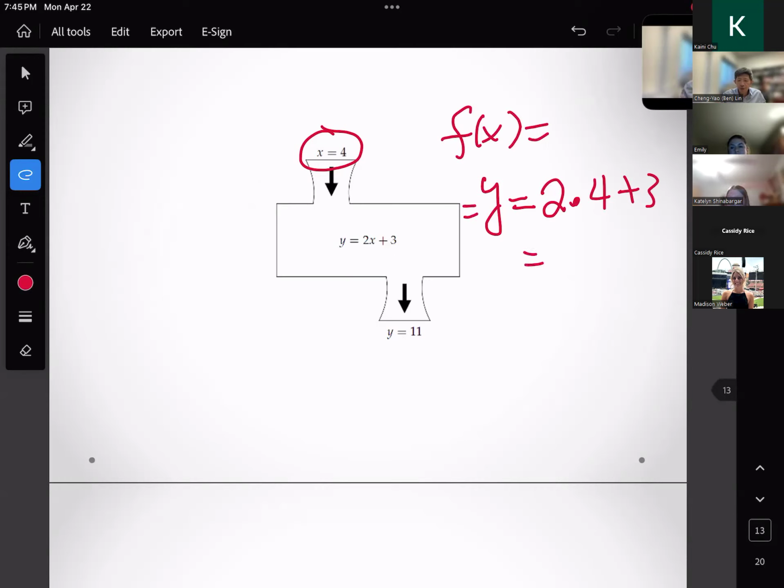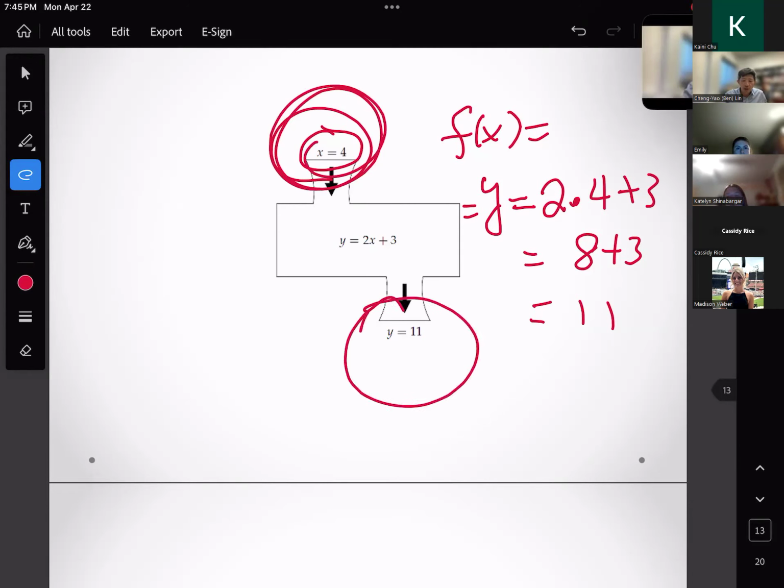So we have 2 times 4, 8, plus 3. So output is 11. So y is equal to 11, and f of x is 11. Does that make sense to you for the function machine? Yeah. So in this function machine, you have one input and you have one output, right?